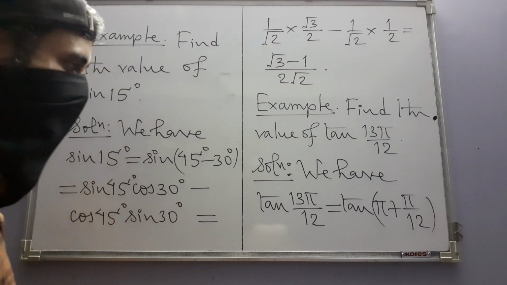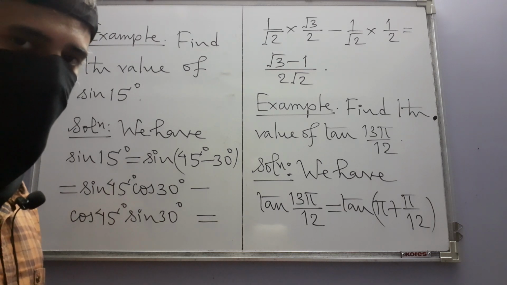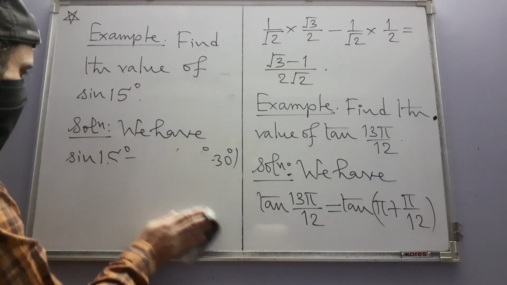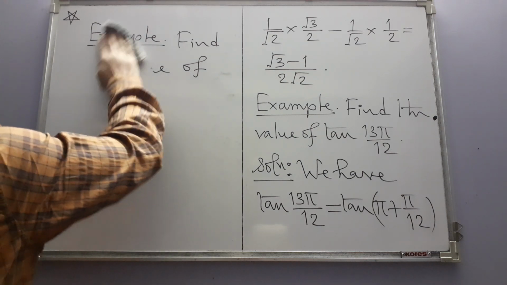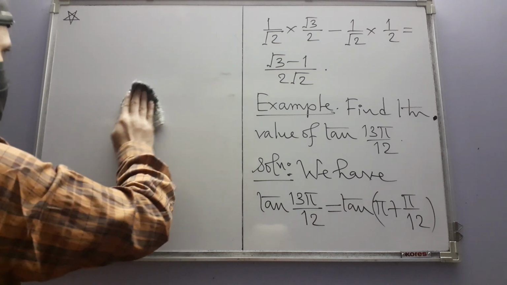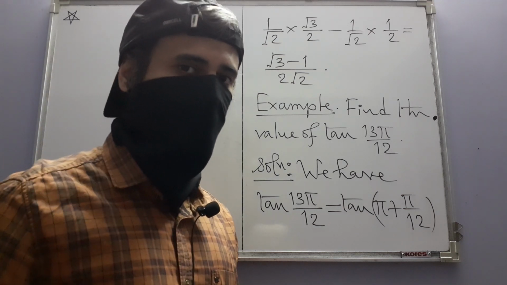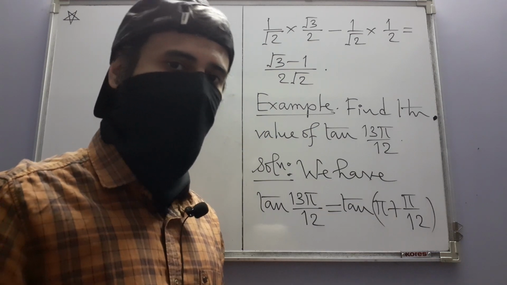Recall that. The function tan is not defined for any kind of input. There is a restriction. And the restriction is that the angles involved should not be odd multiples of pi over 2, because those are precisely the points where tangent function is undefined.